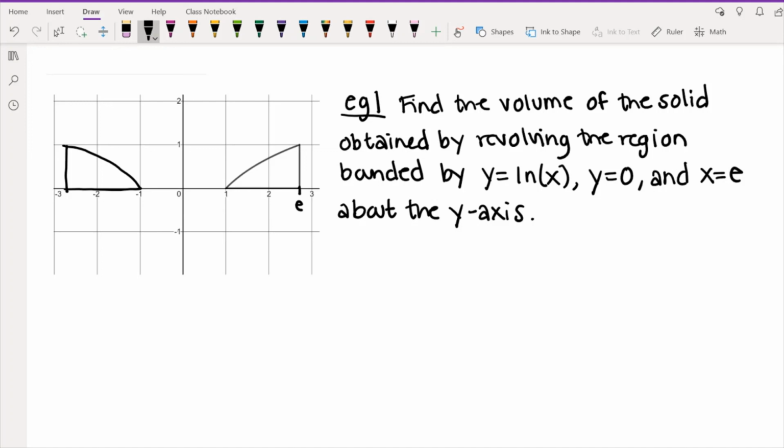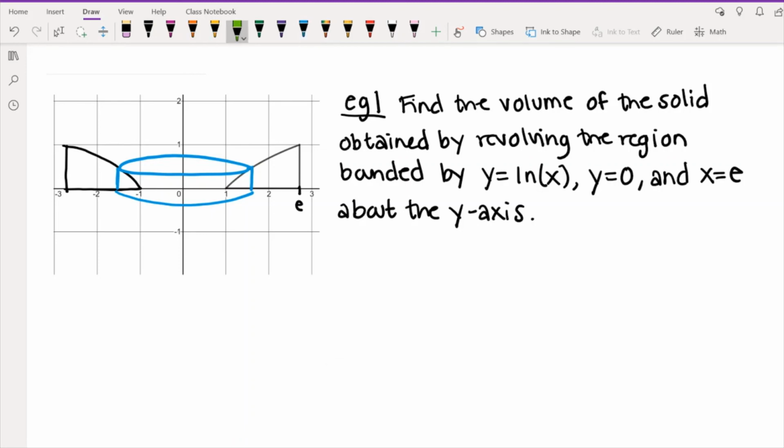You could actually do this with washers, but you would have to convert ln of x into being e to the y instead. And I want to do shells because I think it's a good example in this case. So what would the shell method look like here? Well, if we have a sample shell, we can draw it symmetrically like this. So here's what a sample cylindrical shell would look like.